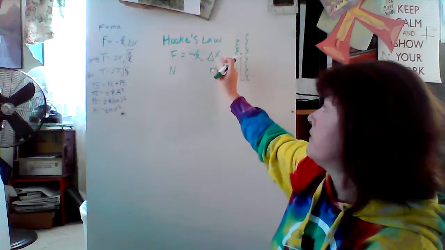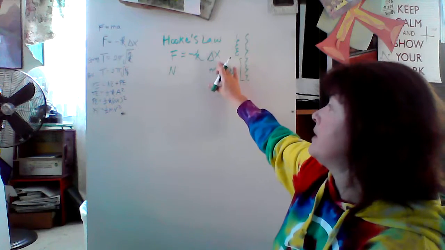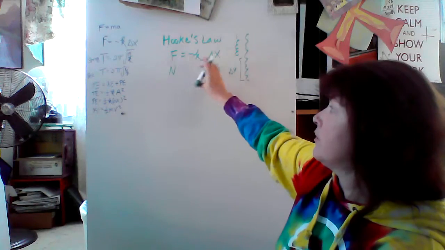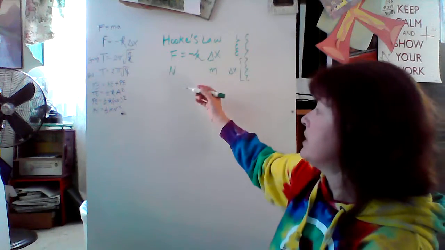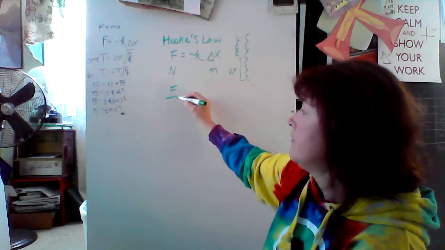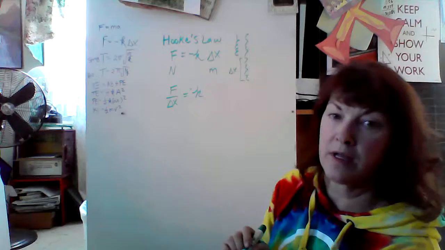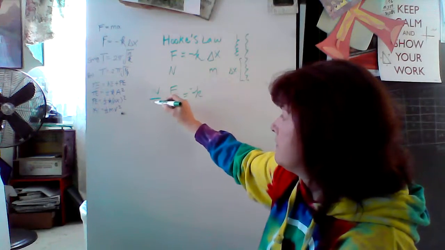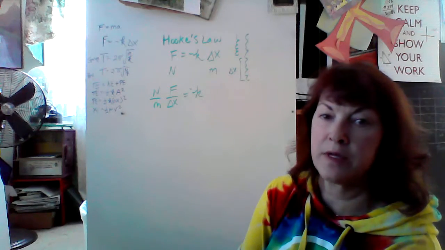If we rearranged this equation to solve for the spring constant alone, we would leave it on this side of the equation and take its friends away. We would divide both sides by change in x. So we would end up with force divided by the change in distance equals our spring constant. So we would have newtons divided by meters, and those are the units for our spring constant.